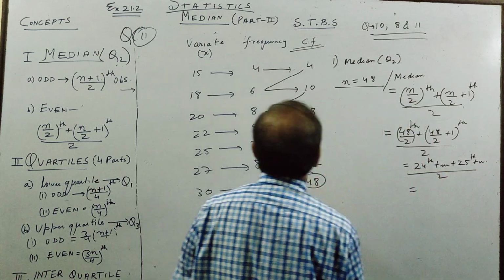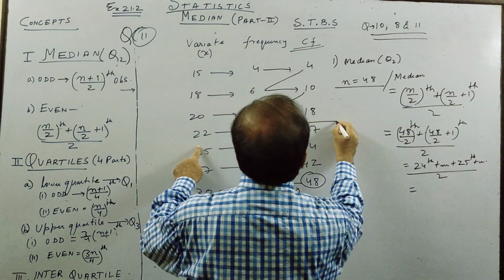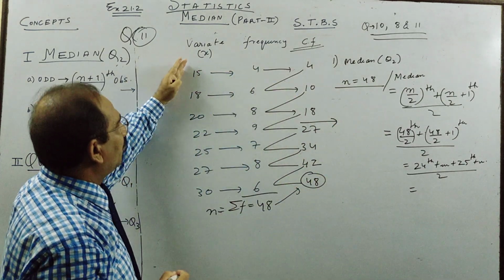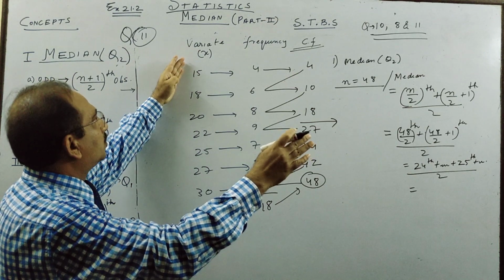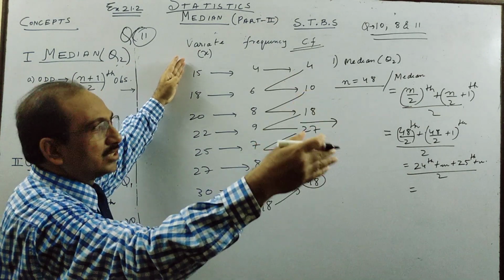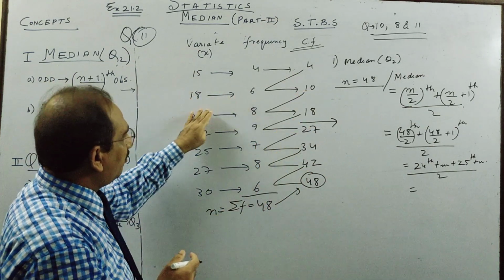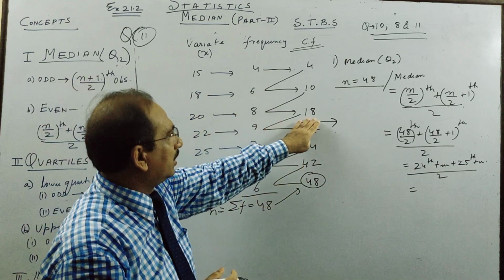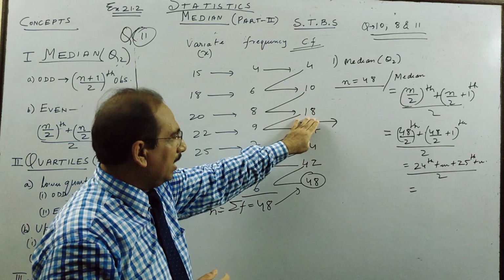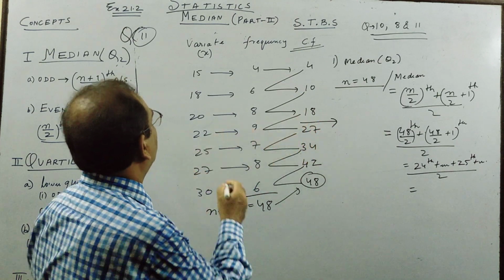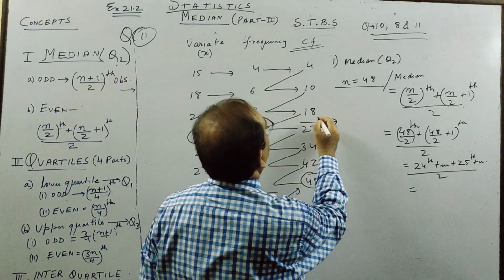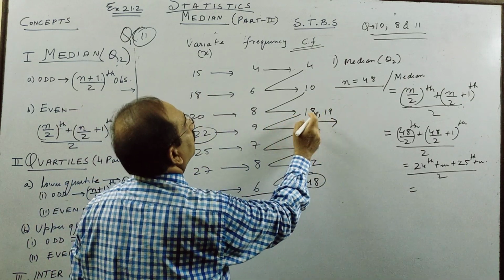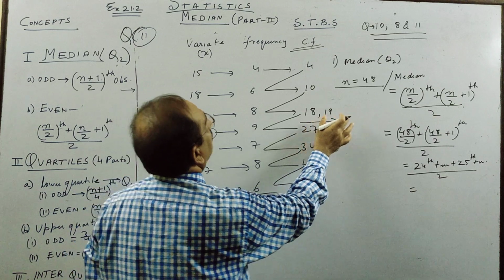So what is the 24th term? See, 24 will come here. If you arrange, 4 persons have 15, then 6 have 18, then another 8 have 20.